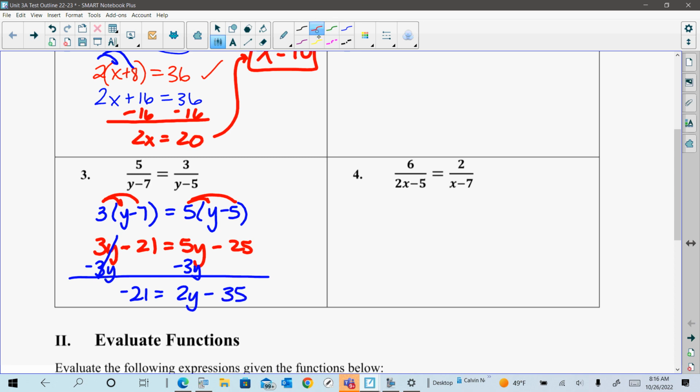And then you would need to add 25 on both sides to cancel out the constant. That's a 3, sorry. Why is it 35? I'm sorry, 25. Why did I change that? So that gives me 4 equals 2y, and y equals 2.